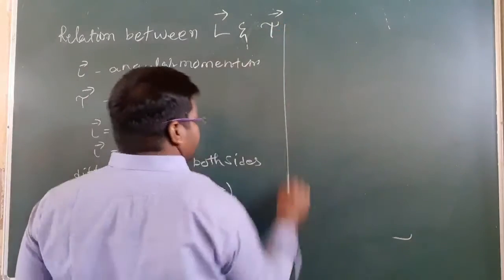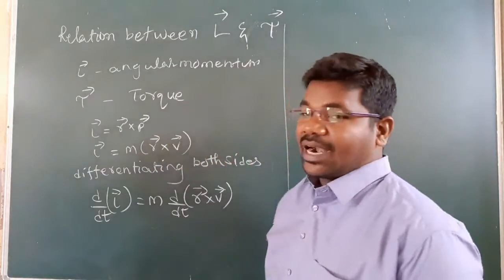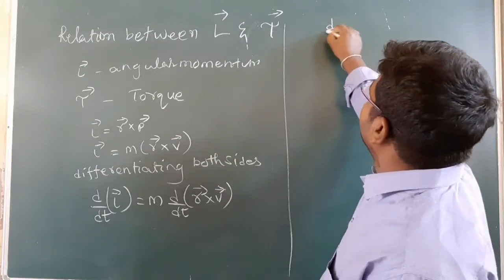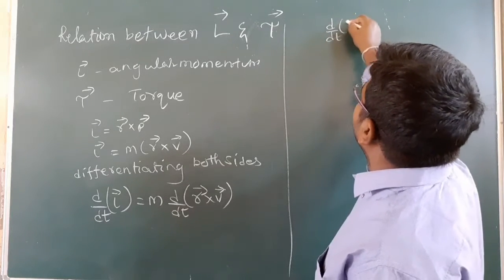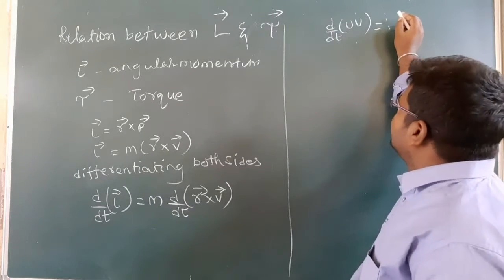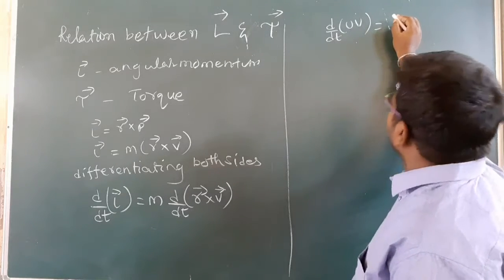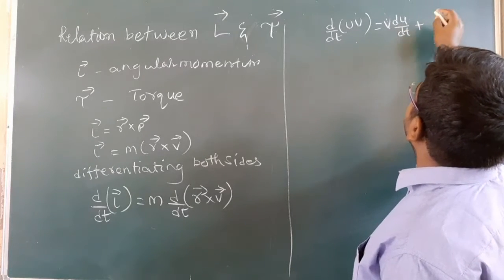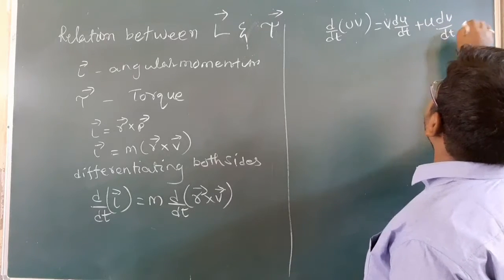Understand? So we can apply the product rule. We can use the formula d by dt of uv, which is v into du by dt plus u into dv by dt.